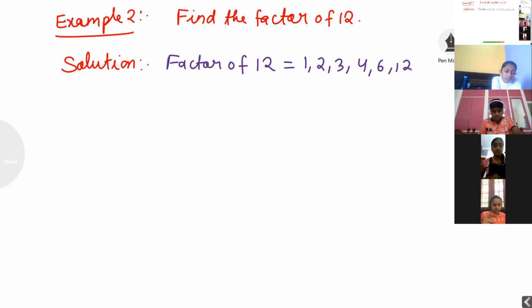Now keep heading everyone. Prime factorization.